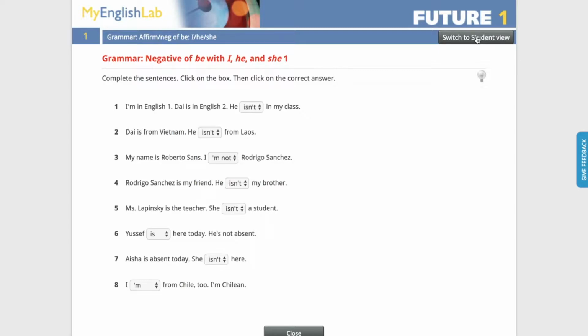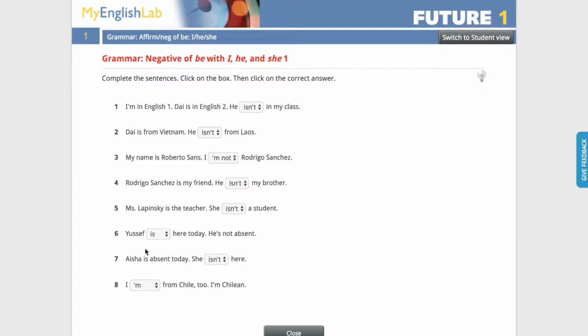The one that I was incorrect on is Yusuf is here today, because the clue was he's not absent. So now you're going to have to start looking at each sentence to make a complete picture or complete conversation or complete idea.